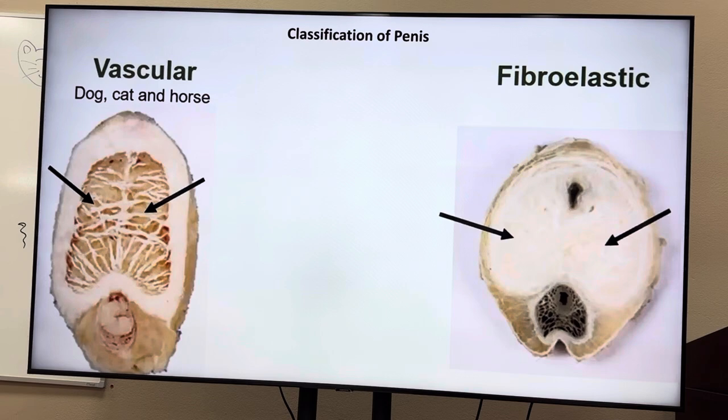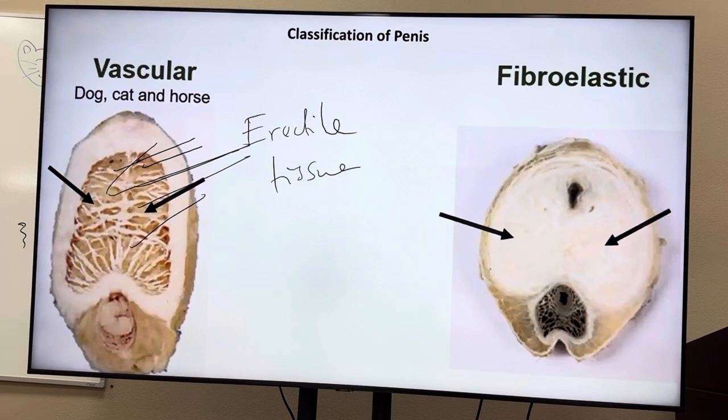It has numerous erectile tissues in between here. So these are erectile tissues, and these are connective tissues. The connective tissues are few.